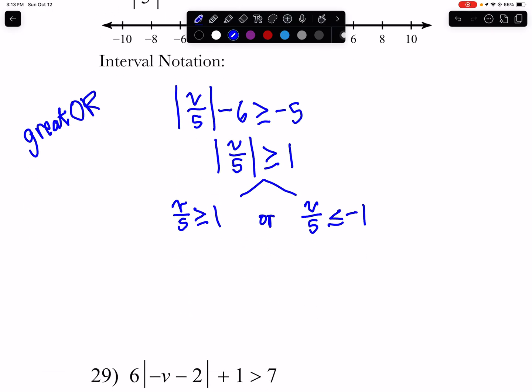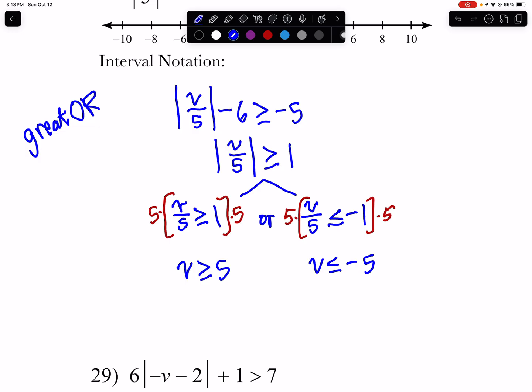And to get V alone, we should come in now and multiply by 5. And I think both of them could benefit from that. So we get V, and then V, with the or, because these cancel.